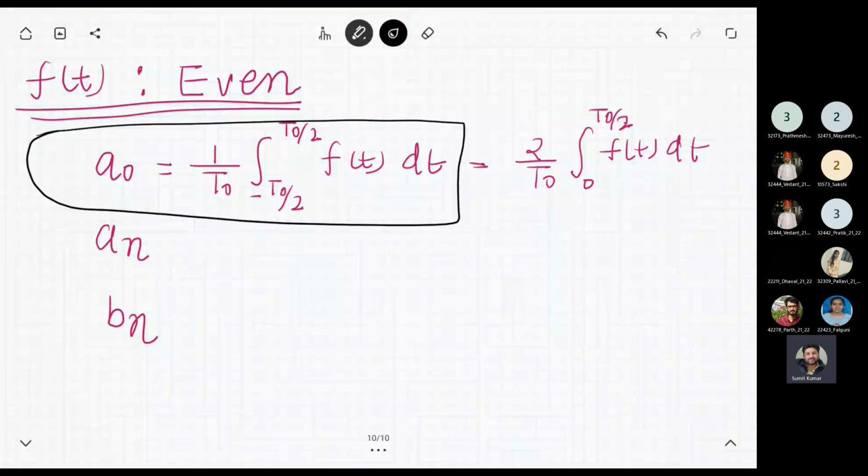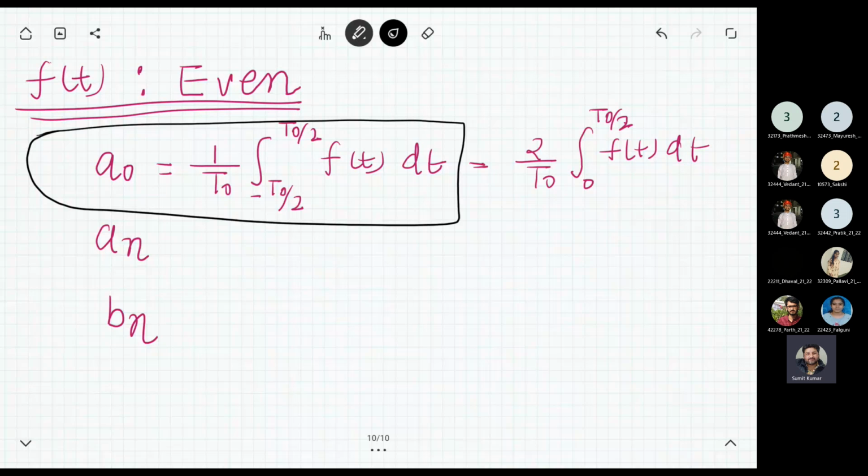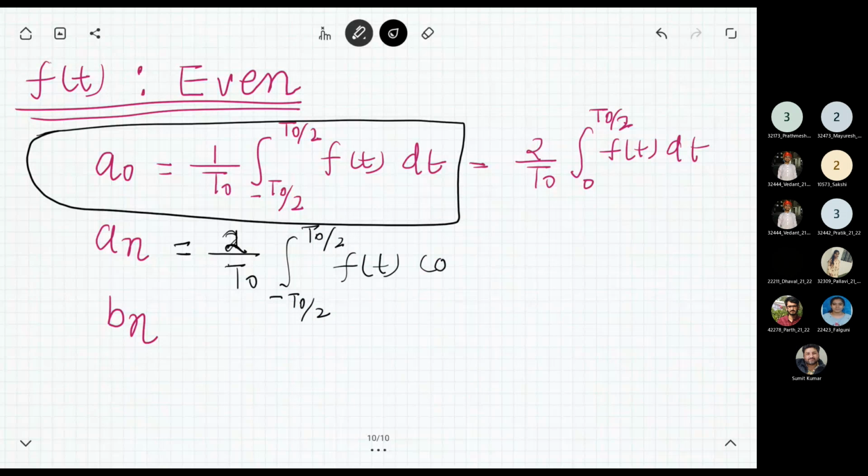So this is A0. Now what is An going to be? We have 2 by T0, integration from minus T0 by 2 to T0 by 2 of Ft cos n omega naught t dt.